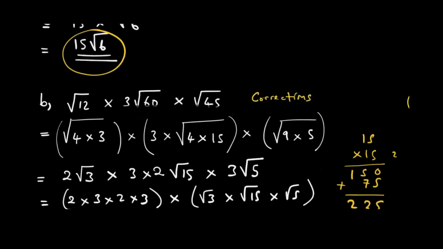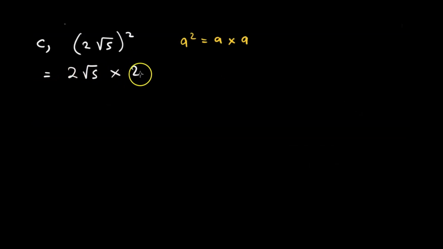Let us now go to C. Looking at C, we see that we have 2 root 5 squared. How do we do this? We know from our indices that a squared means a times a. So if we apply it here, we have 2 root 5 times 2 root 5.